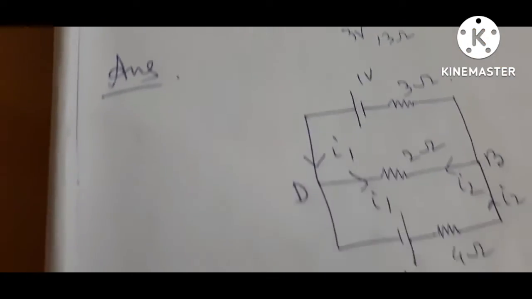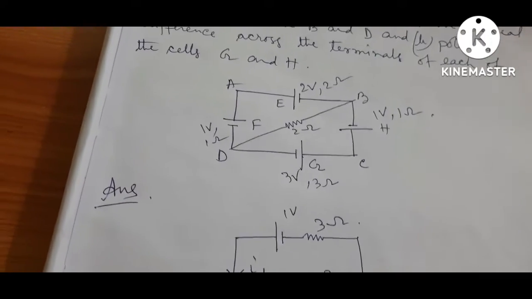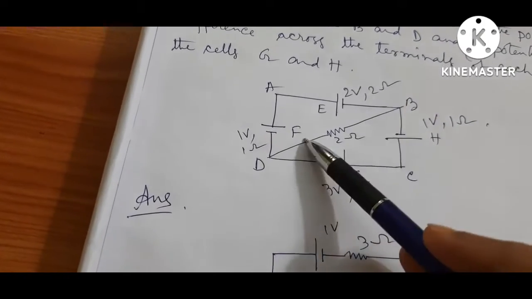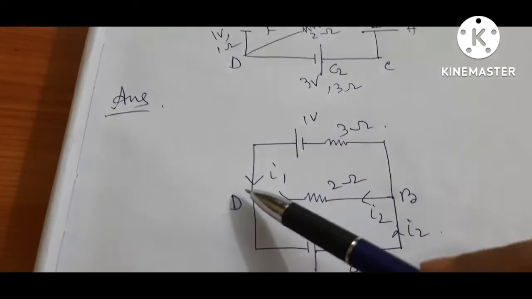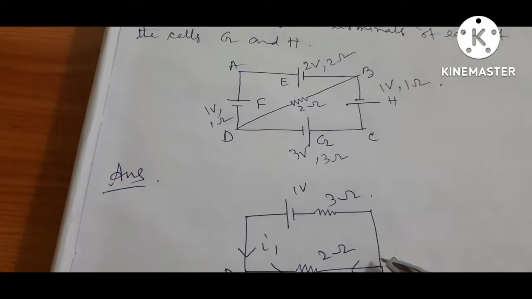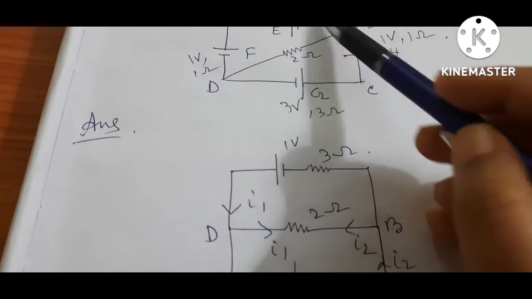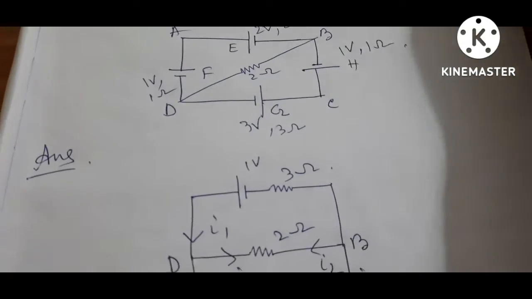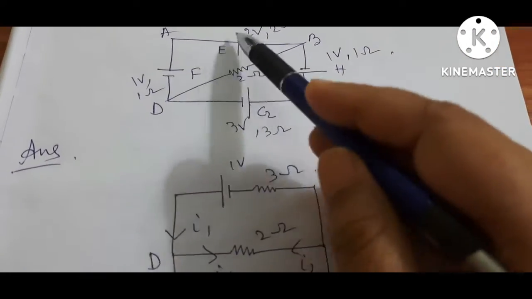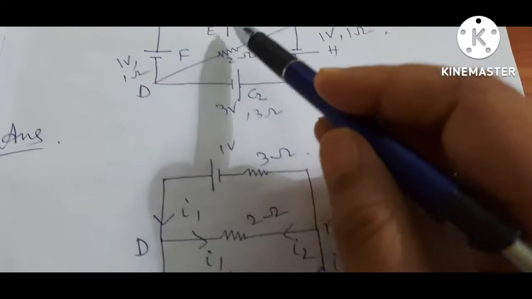Now the equivalent circuit I have drawn here. You can see across points B and D there is a resistance of 2 ohm. Now for the first loop, you can see that the two EMFs are oppositely connected, two cells are oppositely connected.